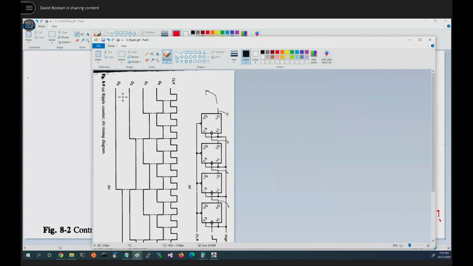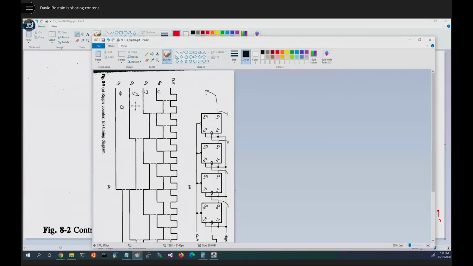So let's write down the value we would see. We would see 0, 0, 0, 0 during this first clock, which is these first two here.